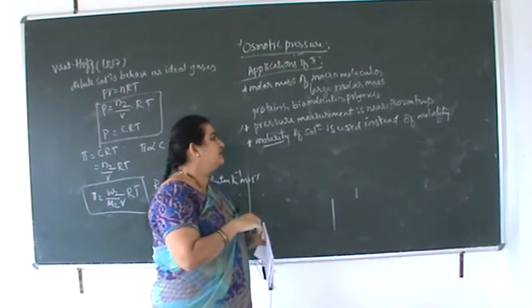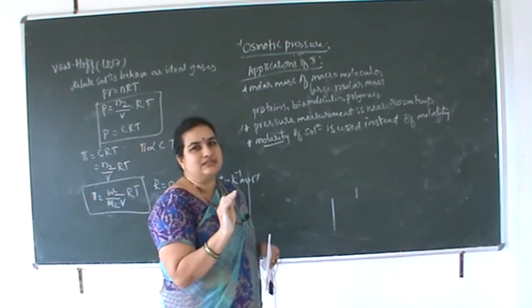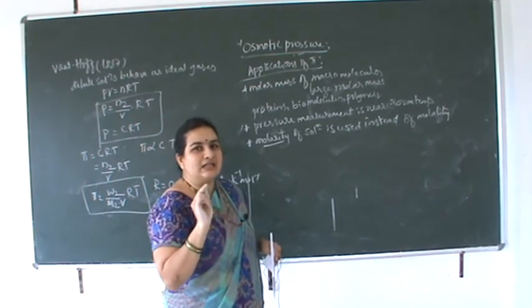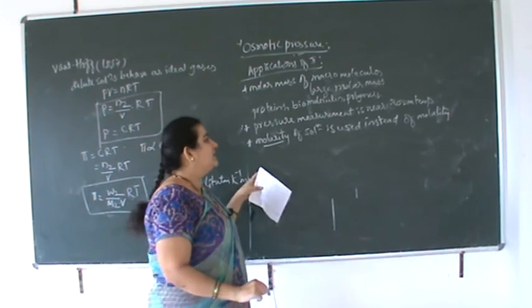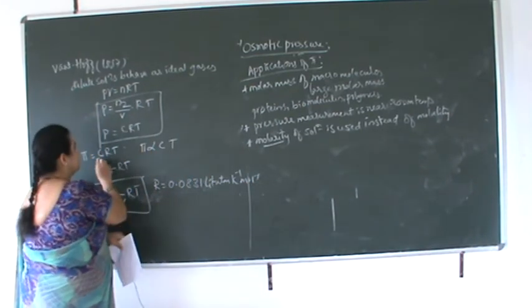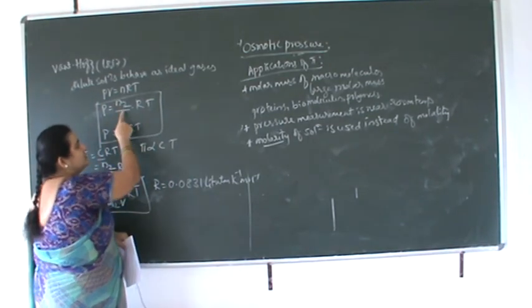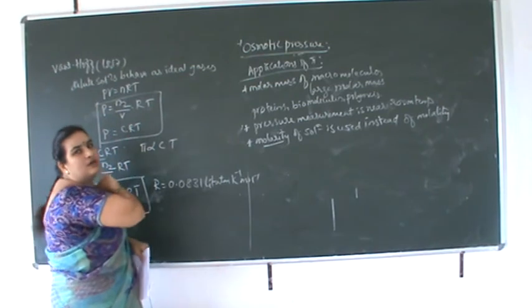Then in the elevation in boiling point and depression in freezing point we relate to the molality, whereas in osmotic pressure we are using the word C. C means concentration, that is molarity, the number of moles of the solute divided by volume.